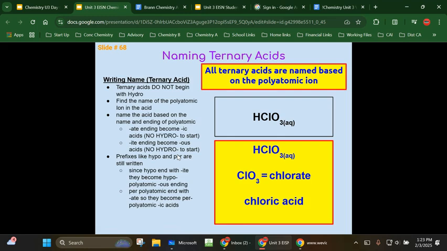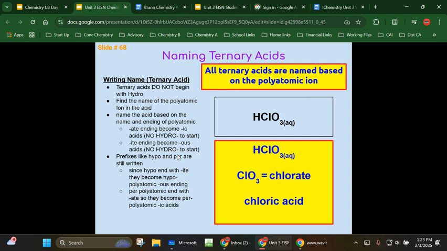Now, what do you notice about the formula? Tell me something you notice about that formula that easily identifies it as an acid. AQ, but more importantly, hydrogen's at the front. The AQ is a good sign, but remember, things can be aqueous without being an acid.